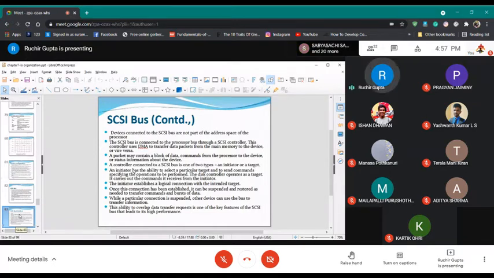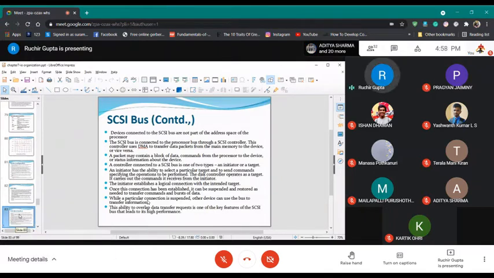So the connection will be there, but it will remain suspended. The idea is, once the target has specified that this sector has to be used for the transfer, the data transfer will happen, and then the connection will be suspended.